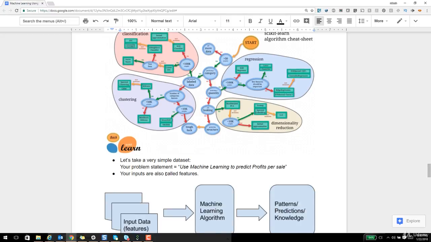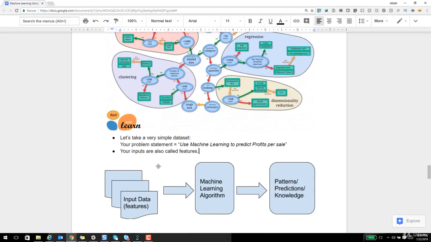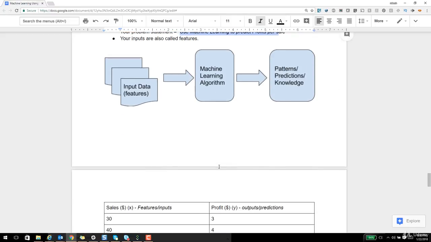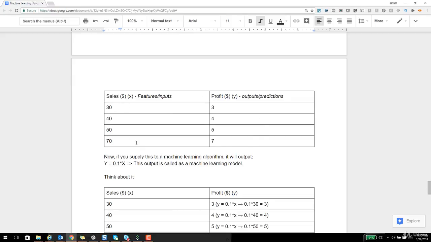Now, let's take a very simple data set. Your problem statement is: use machine learning to predict profits per sale. Now we are trying to introduce a little bit more nomenclature into this, so we're going to call these inputs features. Let's assume that your input looks something like this. Very, very simple.